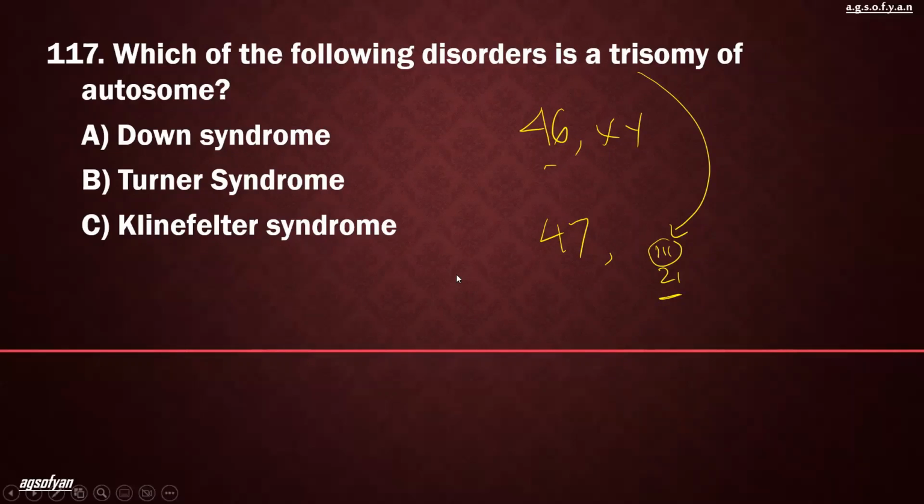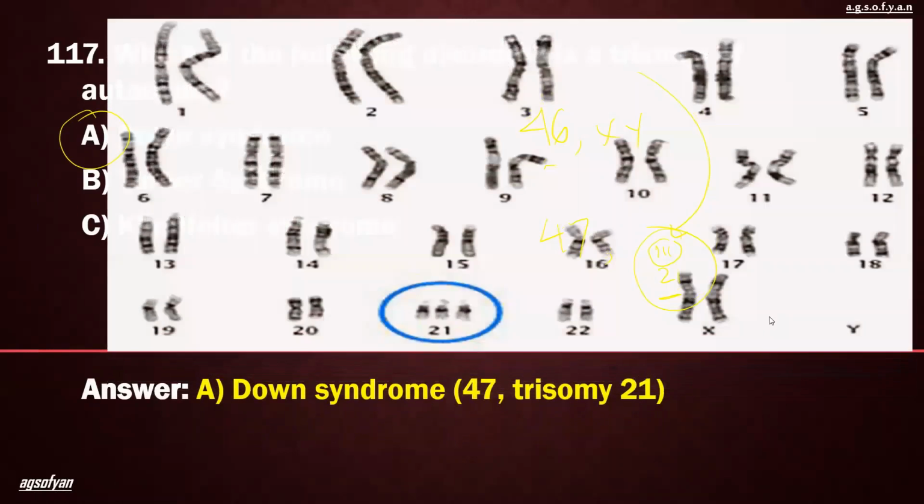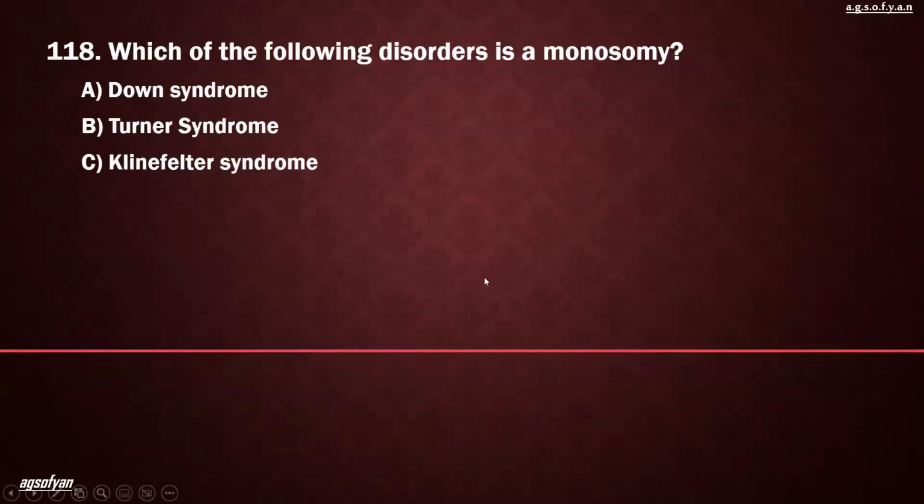Turner syndrome? No. Down syndrome. That's very, very famous. They usually have the same facial features. Klinefelter? No, that will be Down syndrome. So Down syndrome is trisomy of chromosome number 21. So you see number 21, it has 3 chromosomes instead of 2. Should be only 2. Okay.